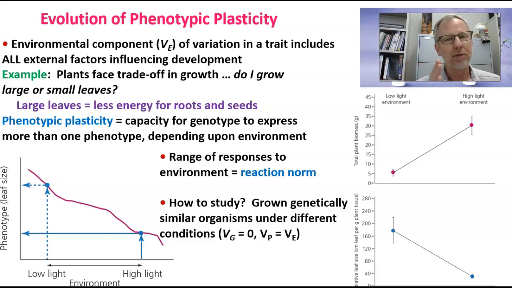And that means that the variance in the phenotype, V sub P, will be entirely equal to the variance due to the environment. So this is how we can isolate the effects of the environment on phenotypic variants, is using genetically identical organisms and exposing them to a range of environments and then figuring out the reaction norm.